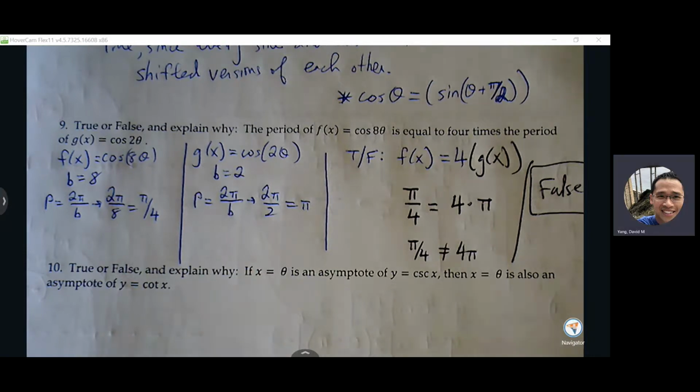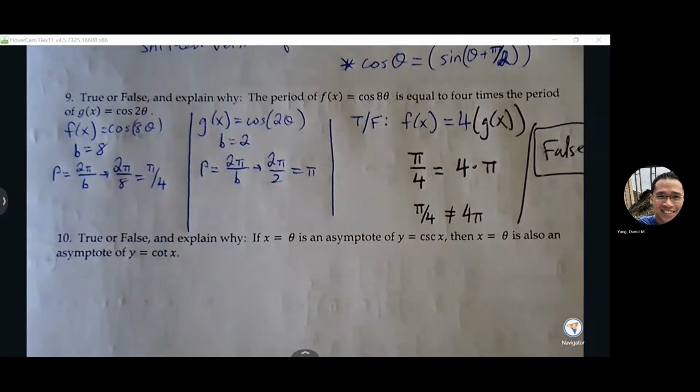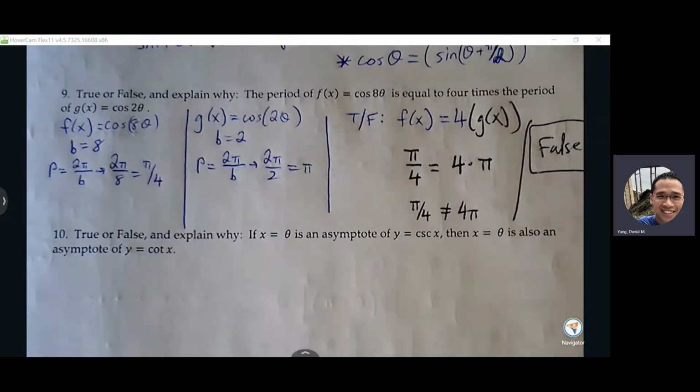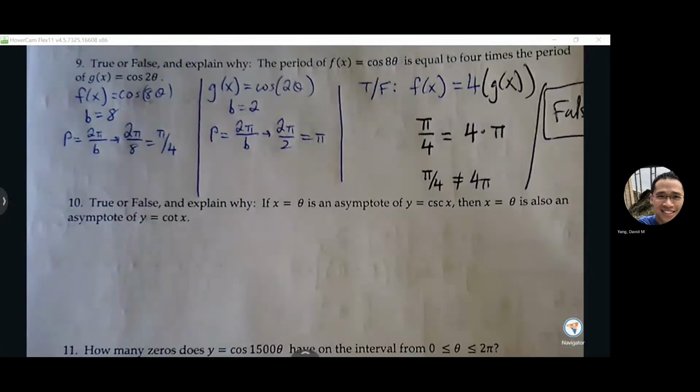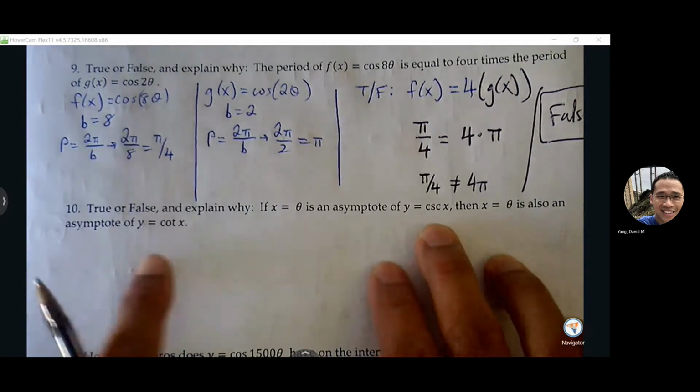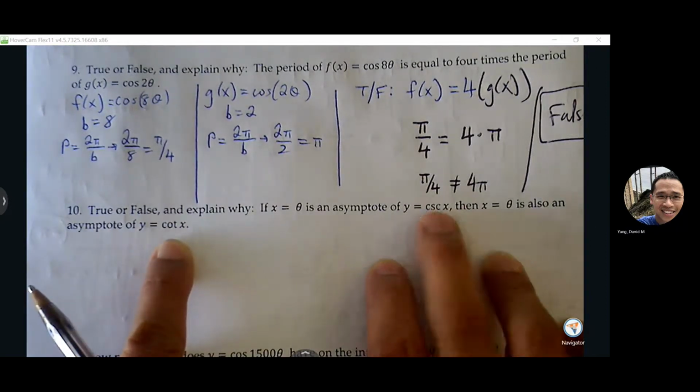Okay, number 10. True or false, and explain why. If x equals theta is an asymptote for y equals cosecant of x, then x equals theta is also an asymptote of y equals cotangent of x. Now, what do you know about cosecant?